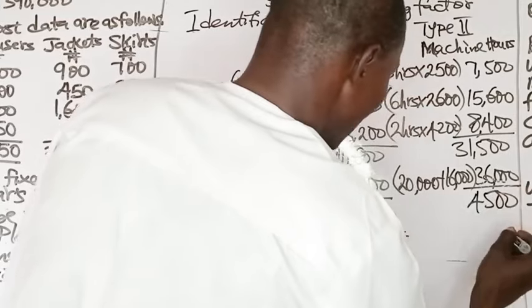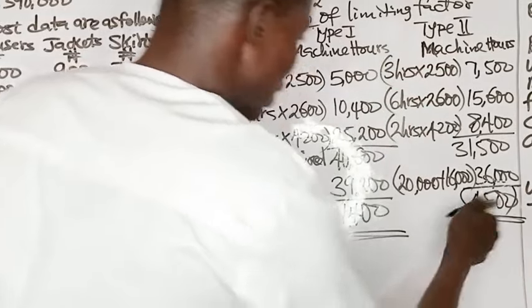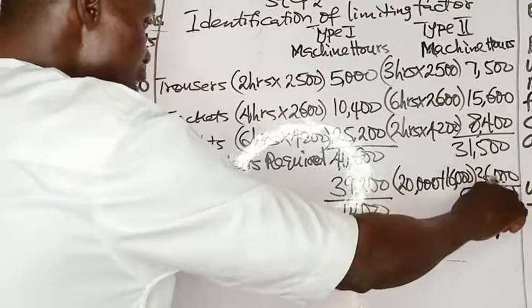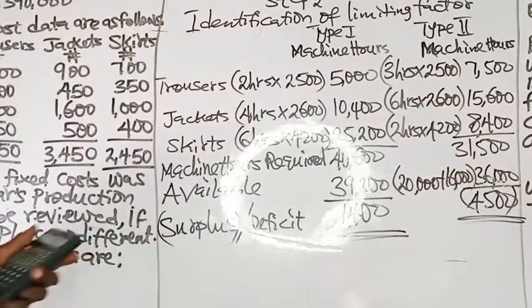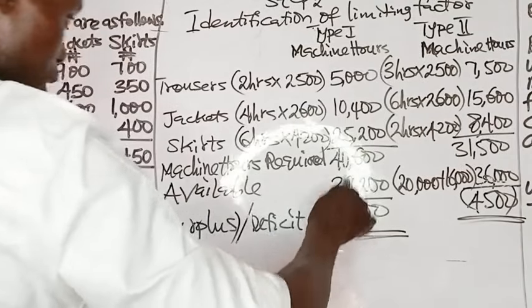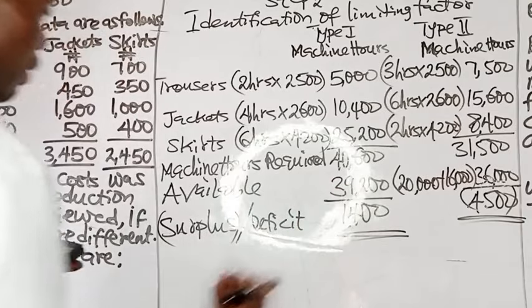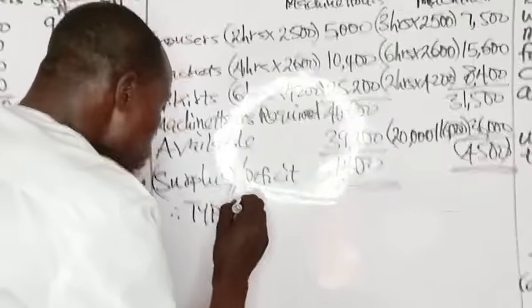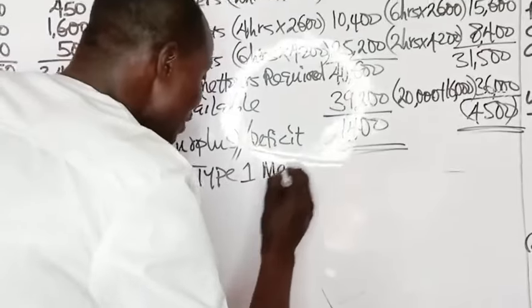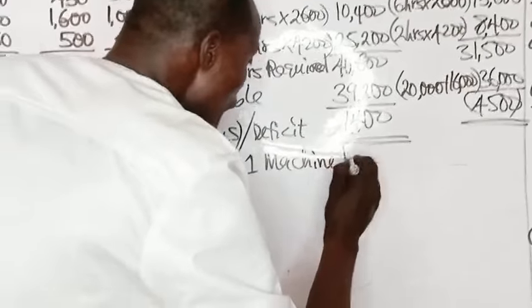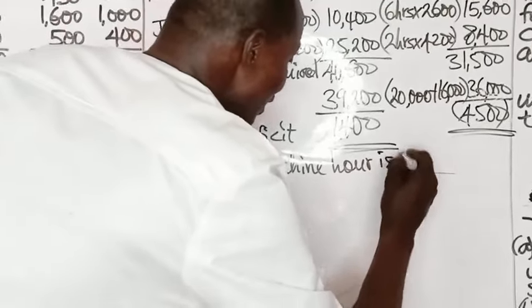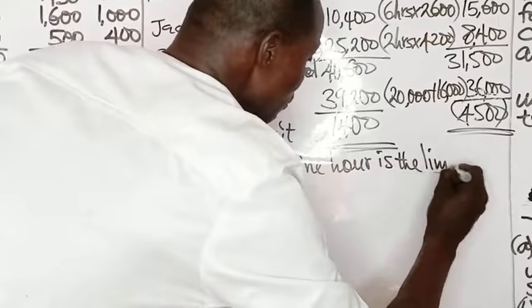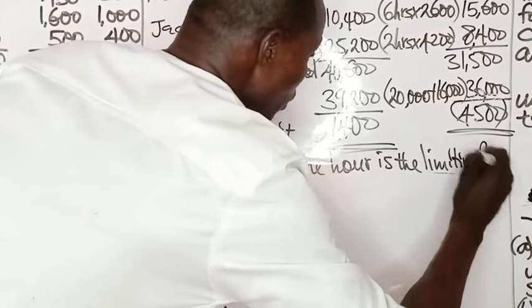You have the surplus of this. This is surplus because the available is more than required. So this one is not enough because what is required is more than what is available. Therefore, type 1 machine hour is the limiting factor.